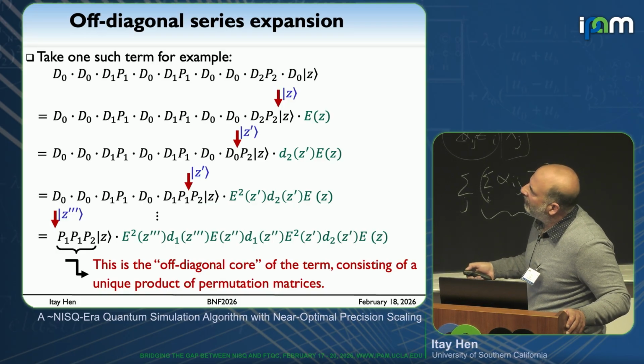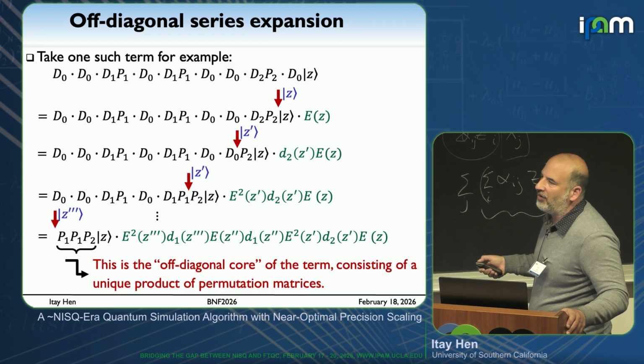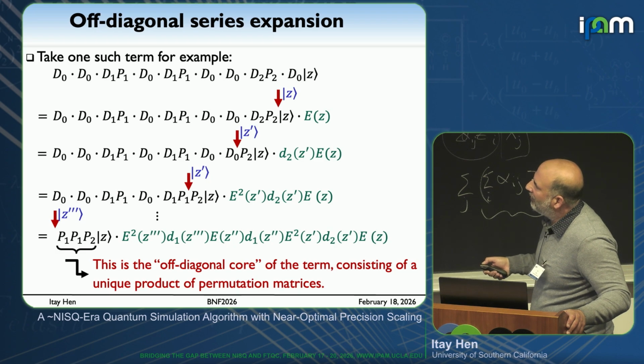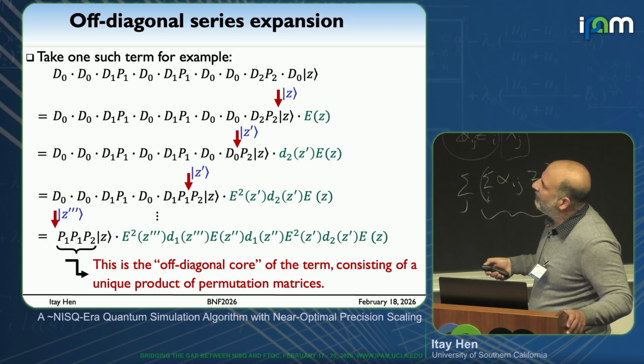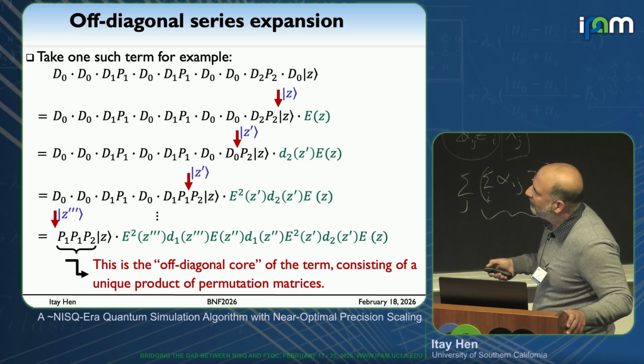When the d0 acts on a basis state, I can just pull out a number, because a diagonal times a basis state is just a constant. And then comes this p2. The p2 acts on the basis state, but it just permutes it to some z prime. Then when the d2 comes and acts on the z prime, it's a diagonal, so I can pull out another constant.